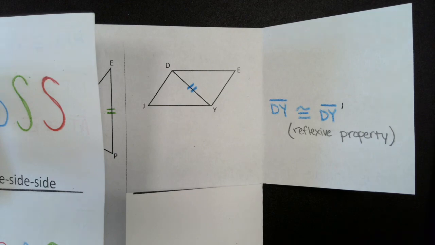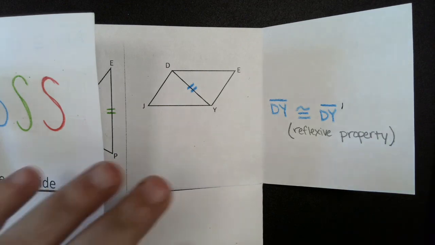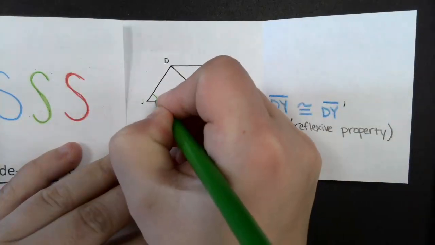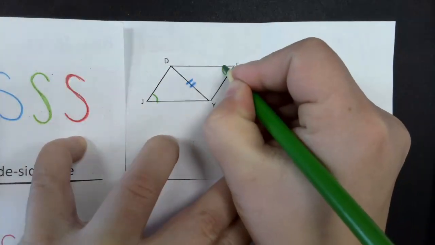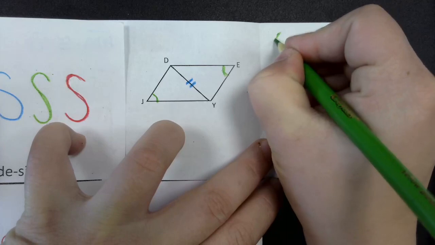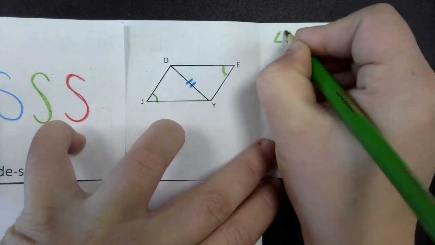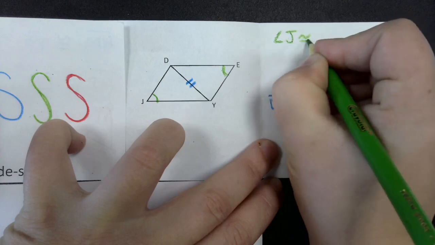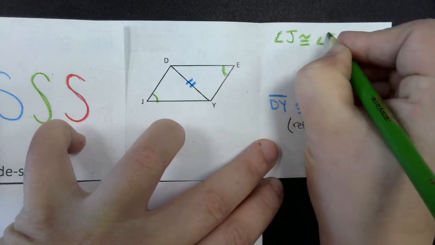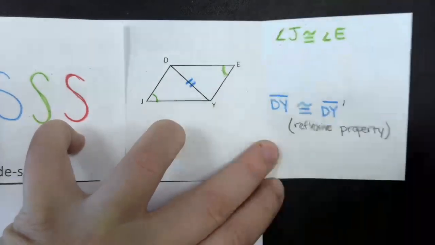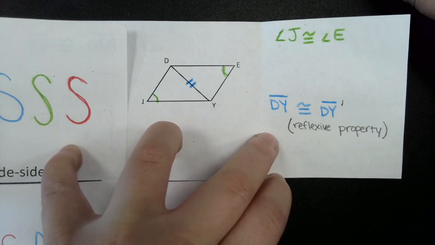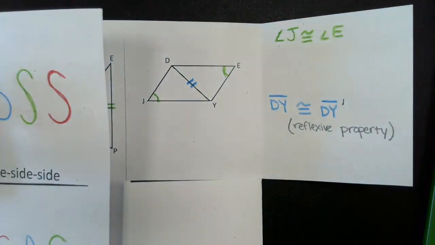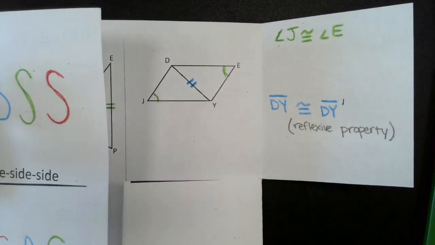We have two other angles that we do need to do because it's angle side. So one angle, angle J is congruent to angle E. And now for our second angle, this time it's not going to be quite as easy to show where they are.